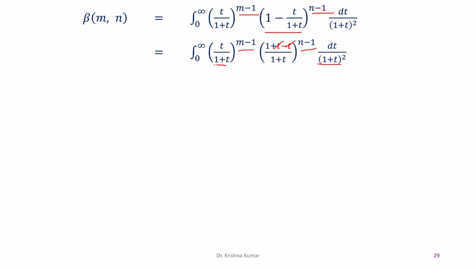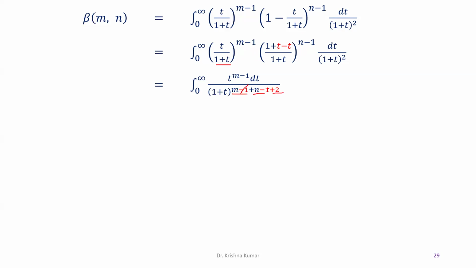So just look here, it is (1 plus t) to the power m minus 1, (1 plus t) to the power n minus 1, (1 plus t) whole to the power 2. So we can write down t to the power m minus 1, and 1 to the power n minus 1, so we have only t to the power m minus 1. And in the denominator, 1 plus t to the power m minus 1, n minus 1 plus 2.